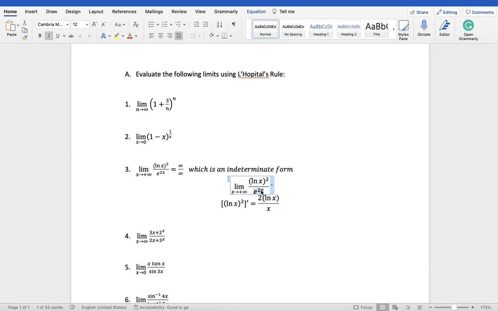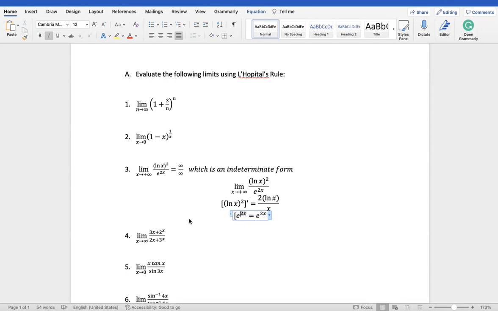Our denominator is e to the 2x, right? For the derivative of e to the 2x, again, you have some function. This is an exponential function, and the way you do it with an exponential function is first you write it back.